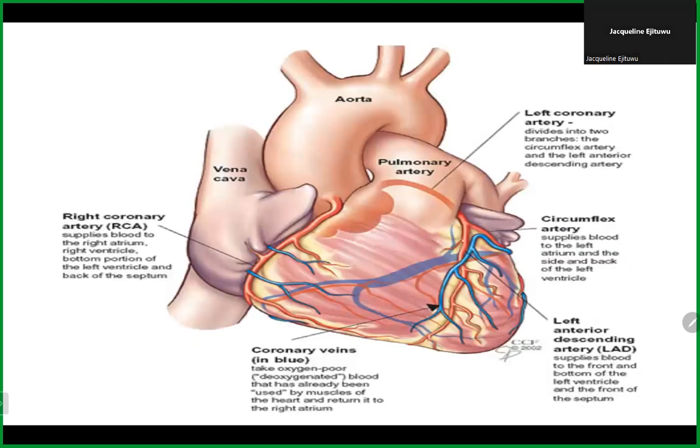Next slide, please. Thank you. So this is just a diagrammatic view showing what we just explained. This is the left main coronary artery. It usually branches immediately. It supplies the left circumflex artery and continues as the left anterior descending artery.